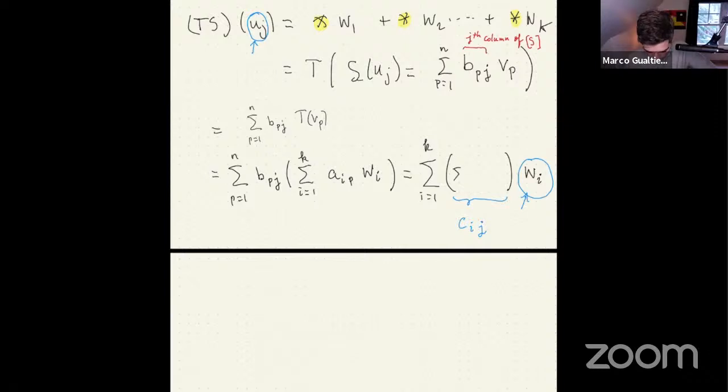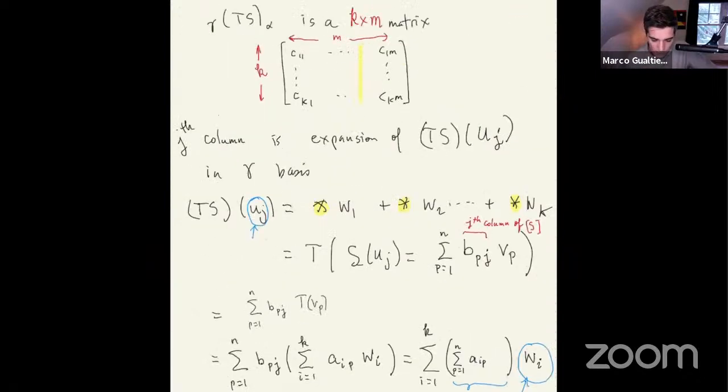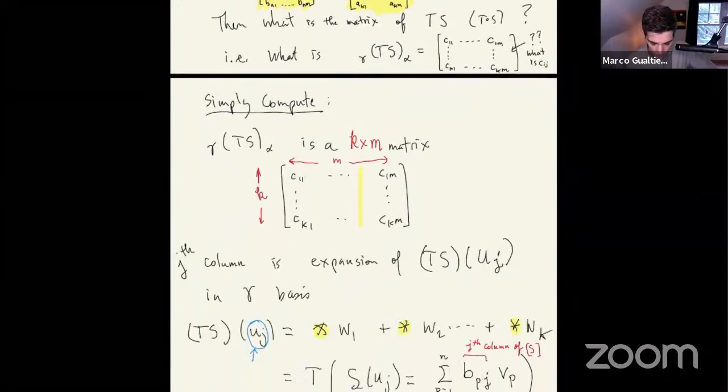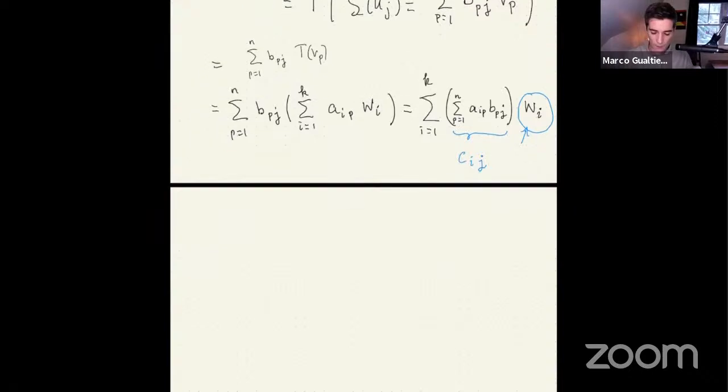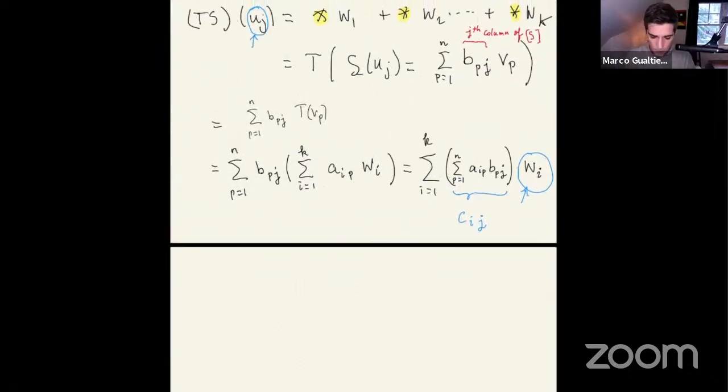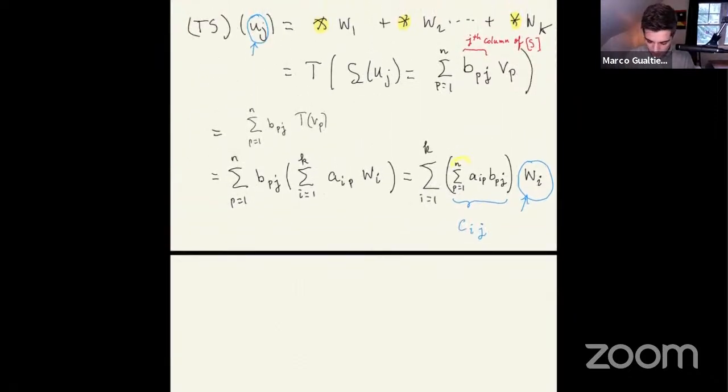It's a sum from P equals 1 to N of Aip Bpj. So this expression is the answer to my question.